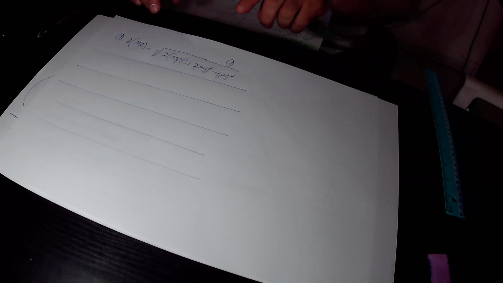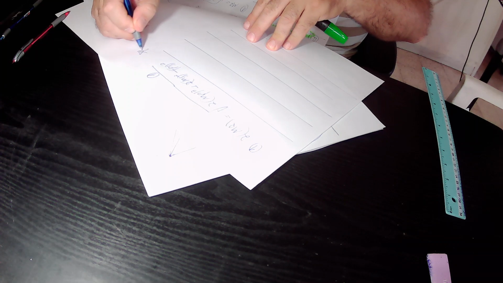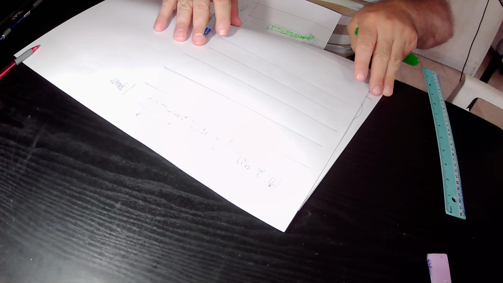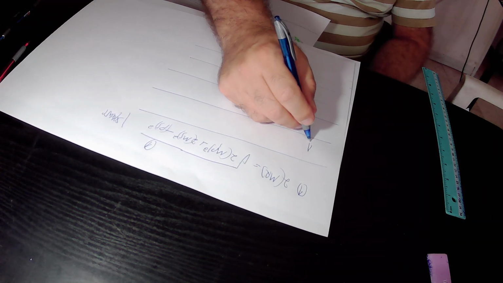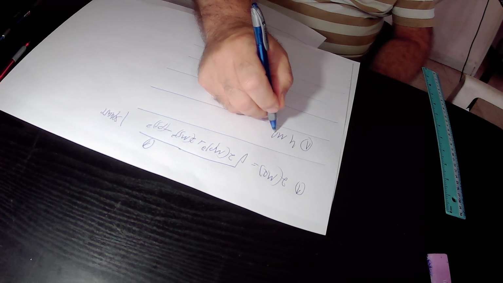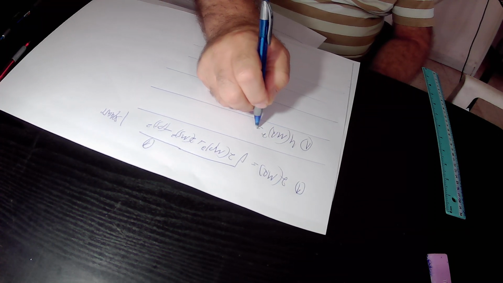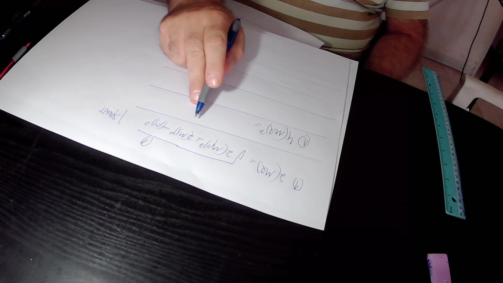Here we'll square both sides of this equation 1, and we get that 2MQ squared is 2 squared, that is 4, times MQ squared. We'll square this side of equation 1.